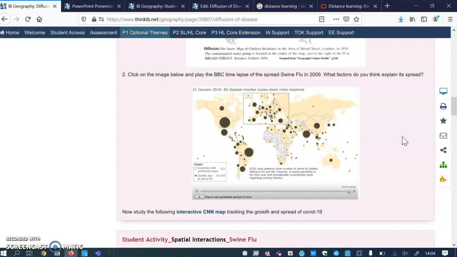When you look at this time lapse of the swine flu in 2009, you again see this strong core of it starting and emerging, and then you see this rapid relocation and expansion of the disease. And we can see that in the interactive map of COVID-19.